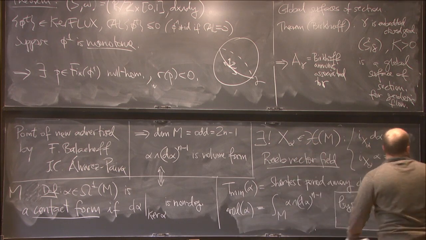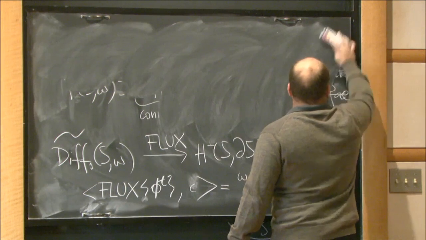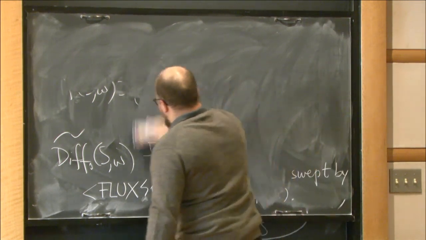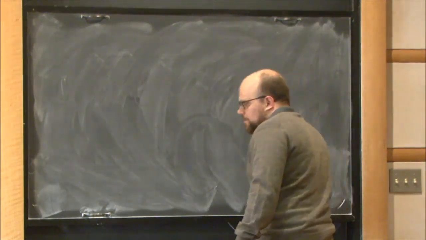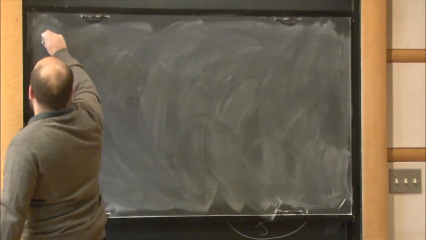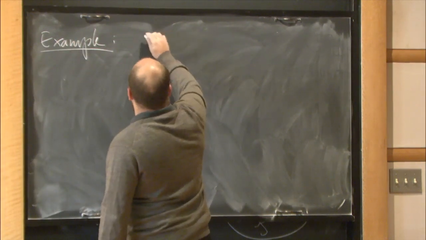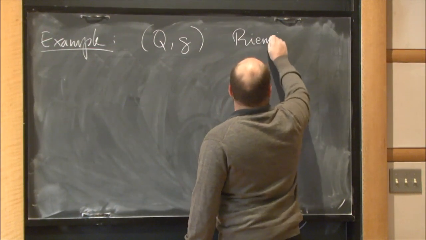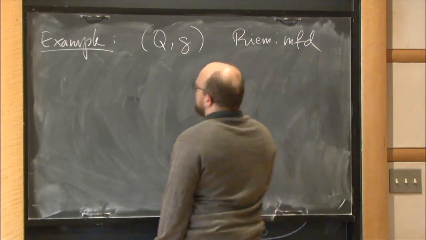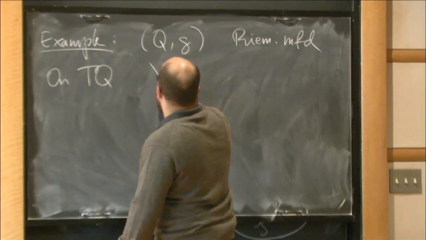So if you've never seen this before, I'll just give you one example, which I'm sure you know. So a basic example is the following. If you have any Riemannian manifold, on the tangent bundle you have a one form, the so-called Hilbert form.